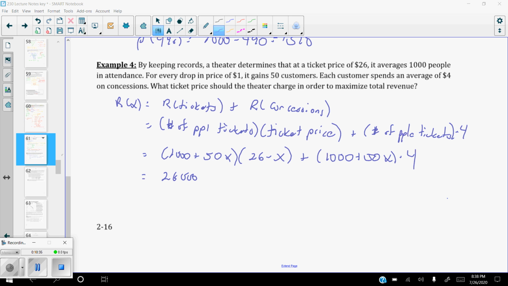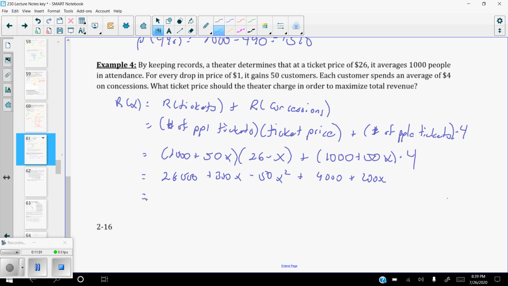So I believe 50 times 26 is 1,300. So we get negative 1,000 plus 1,300, which is plus 300x. And then we're going to get minus 50x squared. Okay, and then we'll just go ahead and distribute the 4 into the other parentheses. So that's going to be 4,000 plus 200x. Now let's combine everything and reorder it.